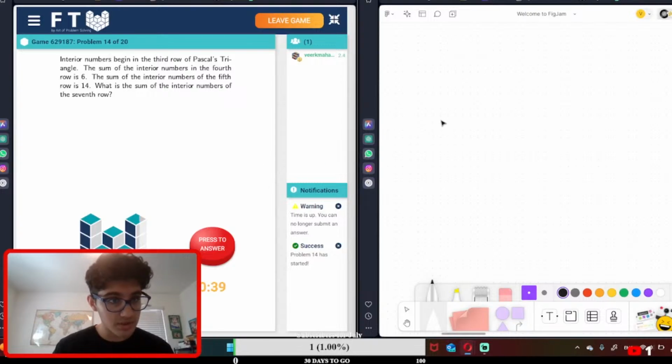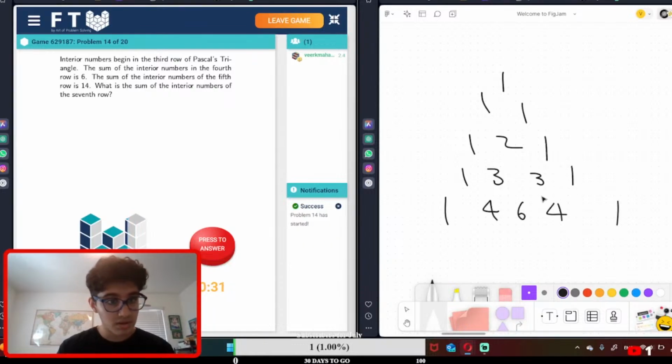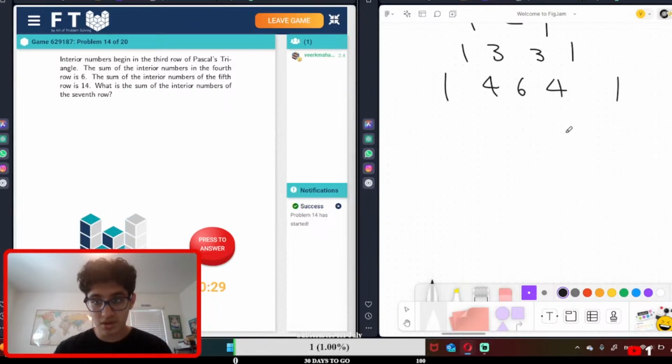The sum of the interior numbers in the fourth row is 6. 1, 1, 1, 1, 2, 1, 1, 3, 3, 1. 1, 4, 6, 4, 1. Seventh row, right? So 1, 7, 10, 10. What the hell?